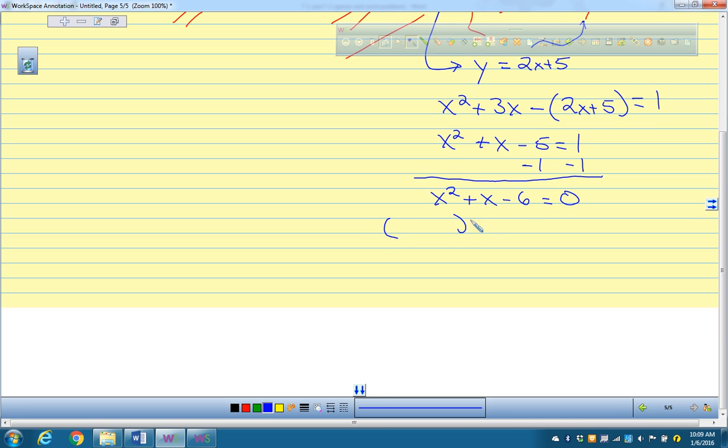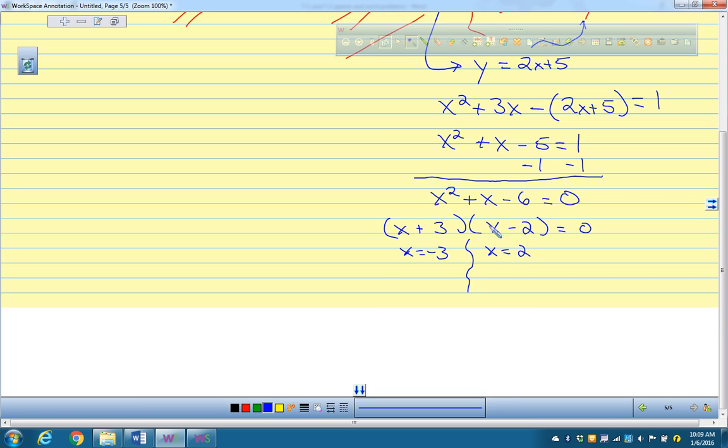And you set both things equals 0. And what two things multiply to negative 6 and add to positive 1? Positive 3 and negative 2, right? Which means that x equals negative 3 or x equals 2.